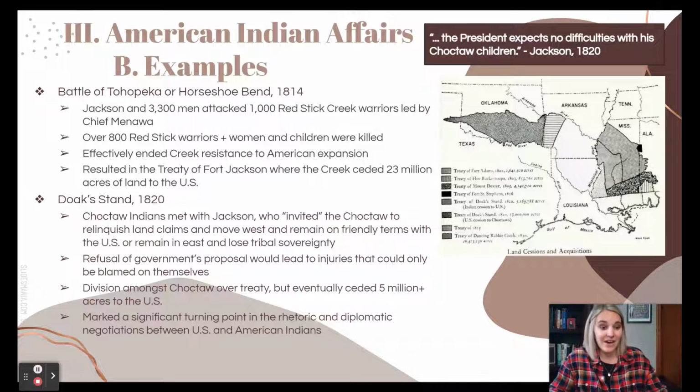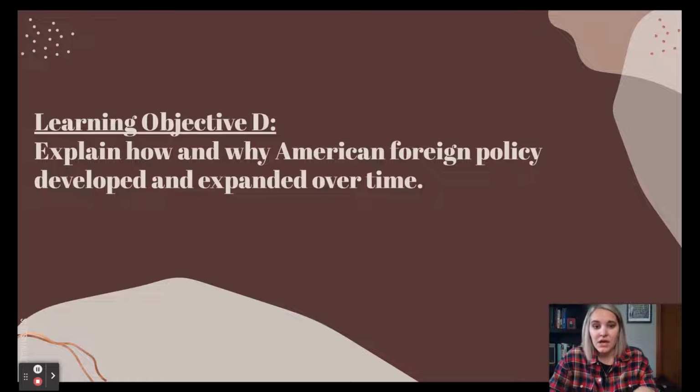The Choctaw do not agree on how to handle the situation with Jackson, but eventually there is the Treaty of Doak's Stand, where they cede 5 million plus acres to the U.S. And this really represents, like I said, a turning point in both the rhetoric and diplomatic negotiations that occur. It is much more one-sided and forceful and less amenable to American Indians.